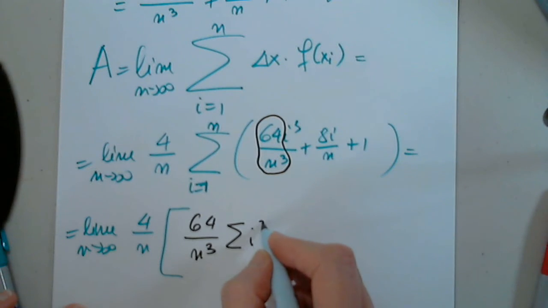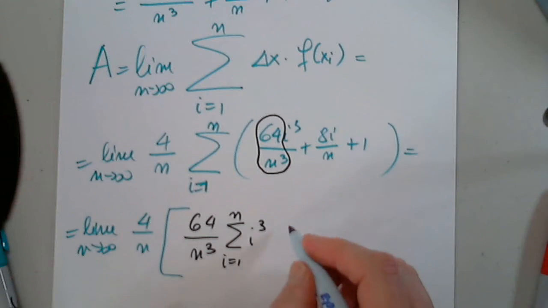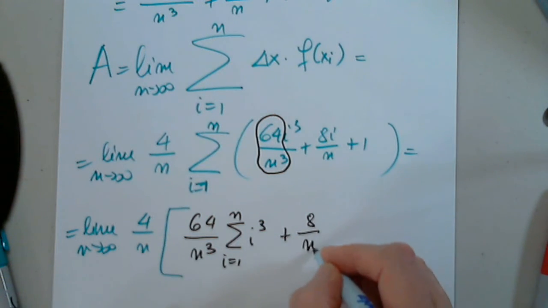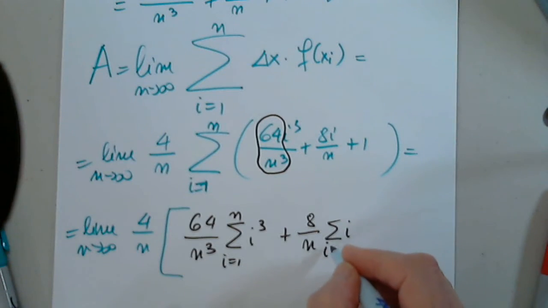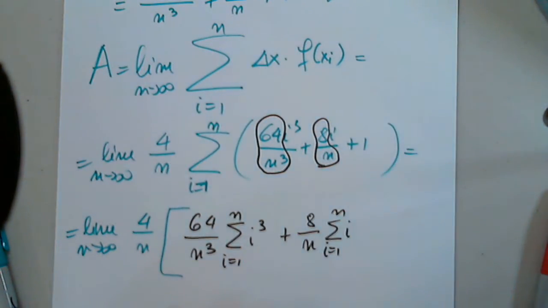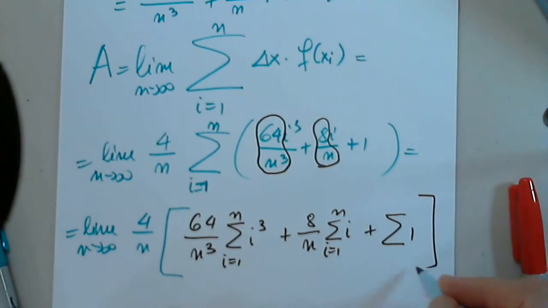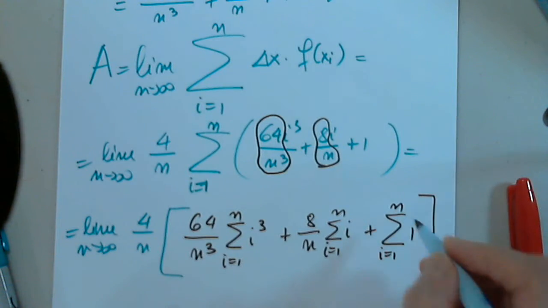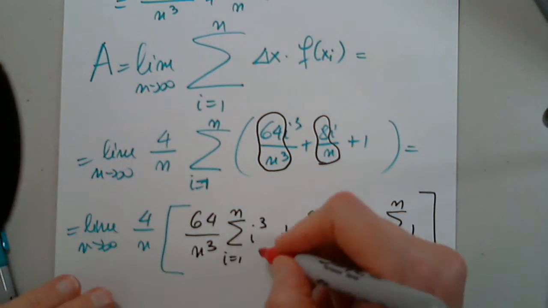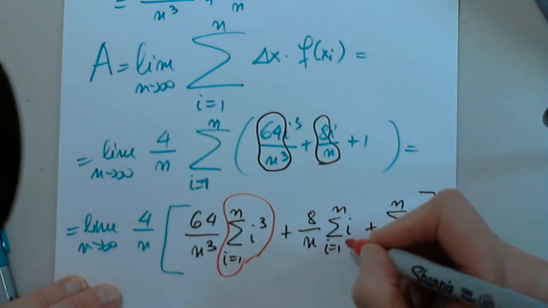The sum of i cubed. You have to tell me and I'll write it again. Plus the sum of this, 8 over n, the sum of i from i equals 1 through n. The same, this is a constant in front of i. Plus the sum of 1 from i equals 1 through n. But I know that these have to disappear.